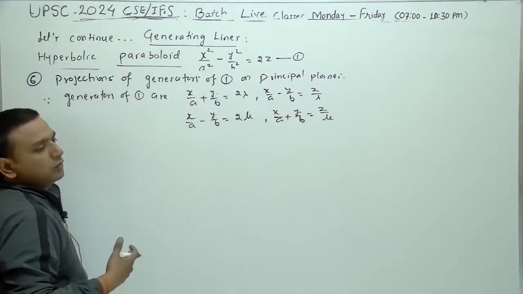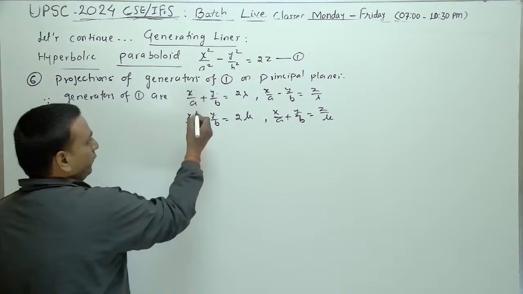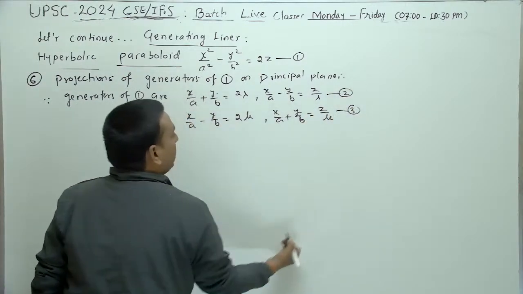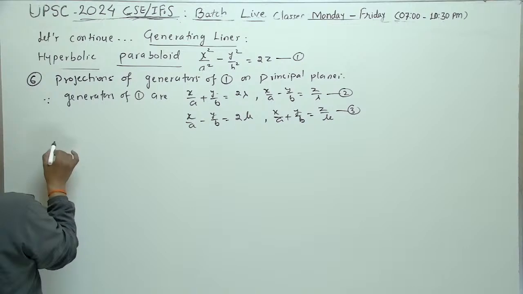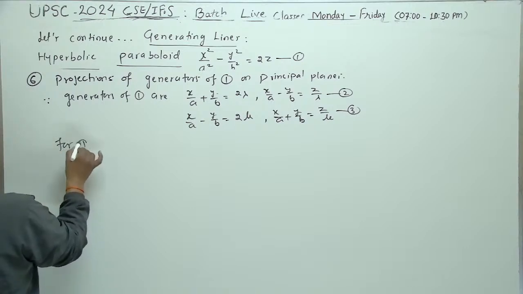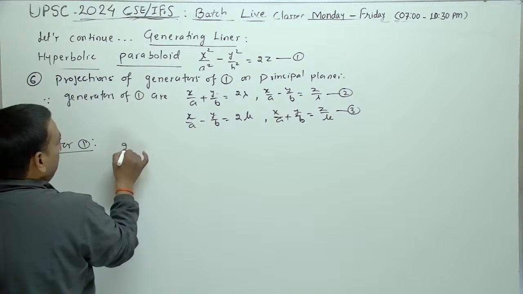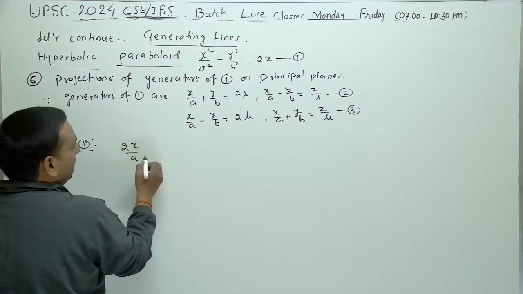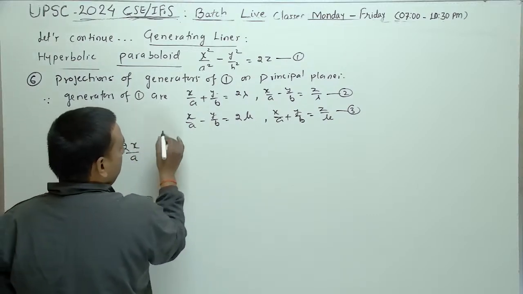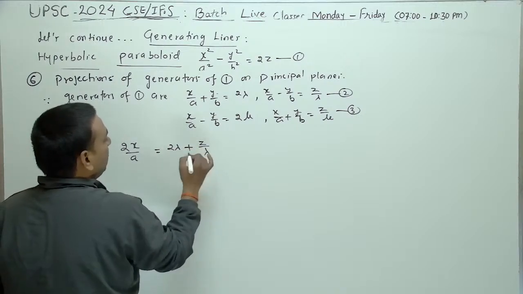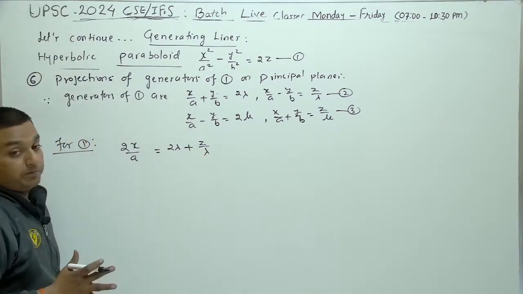Okay? So let's say this is 2, this is 3. So for 1, if I add those equations, we get 2x upon a, y upon b got cancelled, 2 lambda plus z upon lambda, right?